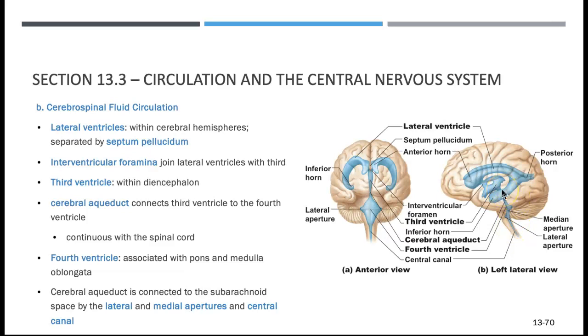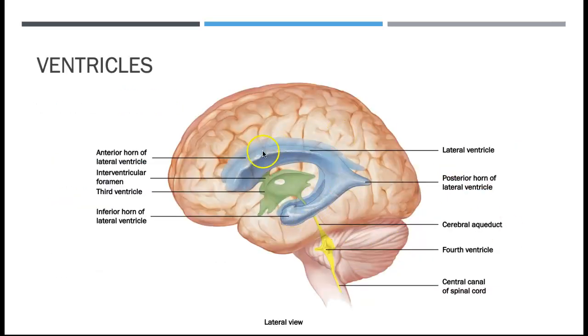The fourth ventricle is connected to our subarachnoid space through four structures. We have two lateral apertures, one medial or median aperture, and then we have a central canal that will allow that cerebrospinal fluid to move down around the spinal cord. And here's just another look.